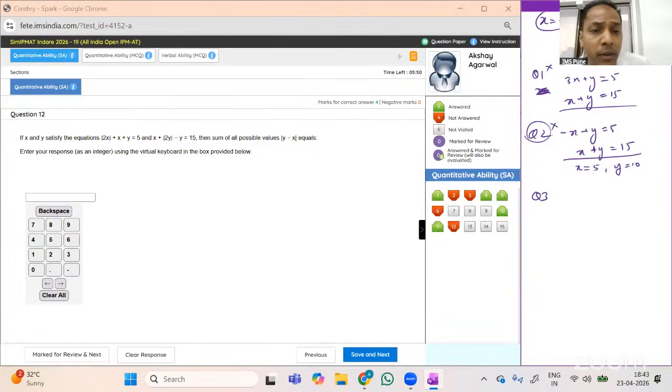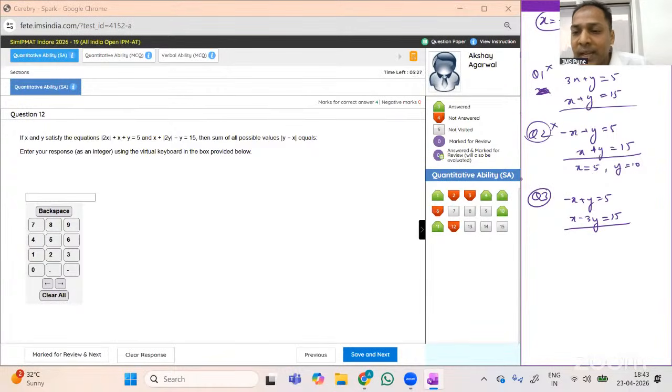Third quadrant, both x and y are negative. So minus 2x plus x, so minus x plus y is equal to 5. And y is negative, so x minus 2y minus y, so x minus 3y is 15.